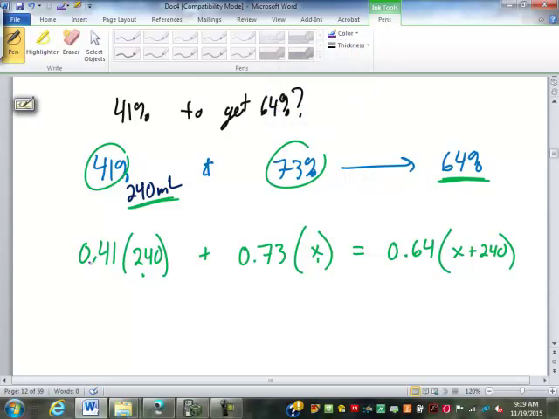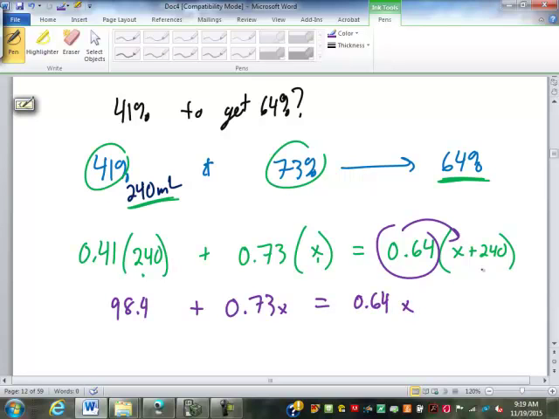So now 0.41 times 240 is 98.4. Is that right? Plus 0.73x equals, now over here, 0.64 times x. Is that correct?